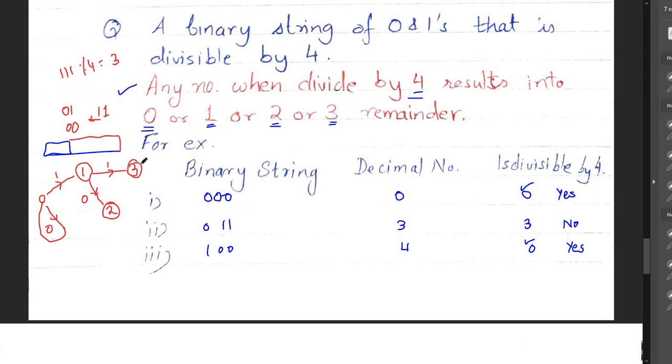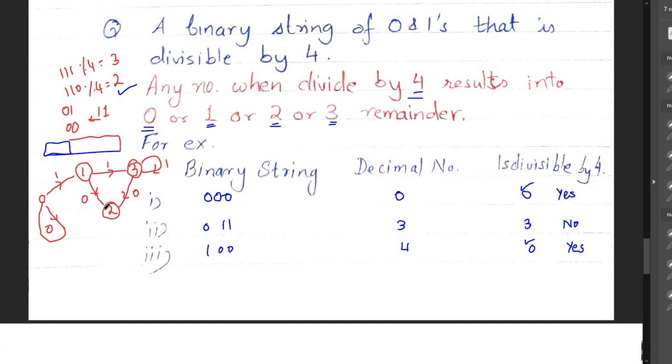So if I get a 1 over here, I'll end up in the same state. But if I get a 0 over here, I'll reach state 2.